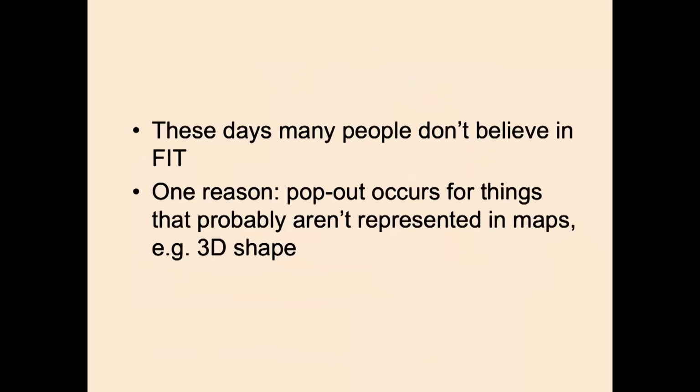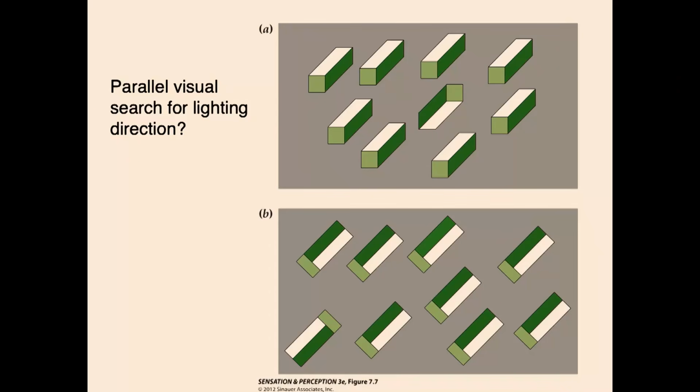And so, as I said last time, these days it's hard to find people who are stalwart believers in feature integration theory for a bunch of different reasons. One of which is that the simple division between things that pop out and things that don't has proven to be kind of more complicated. There are examples where you can get pop out for properties that seem pretty high level and very distinct from the elementary features that were the cornerstone of the theory.